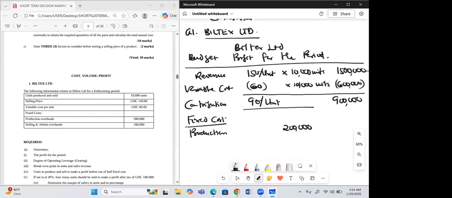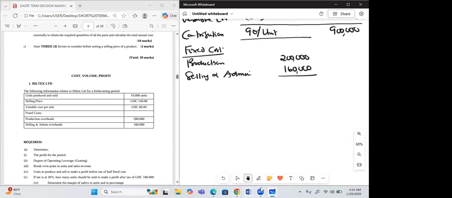Then at selling and admin, 160,000. That gives you 360,000. What's the budgeted profit? 540,000. So this is a budgeted profit of 540,000.